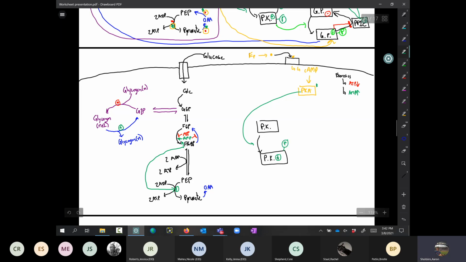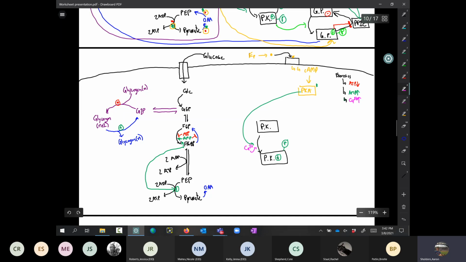Now something else to recognize here, and some of you might be saying, doesn't calcium do something? Yeah, it does. When you start to exercise, you start to contract your muscle. What will happen in those cells is that calcium will go up. Calcium will be pink. Calcium concentrations will go up in these cells, and calcium can also do this.